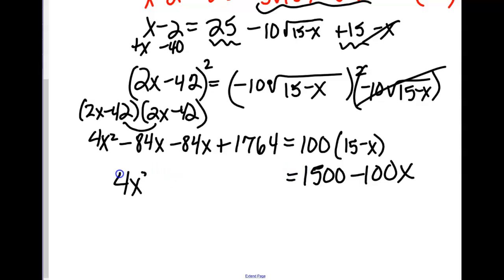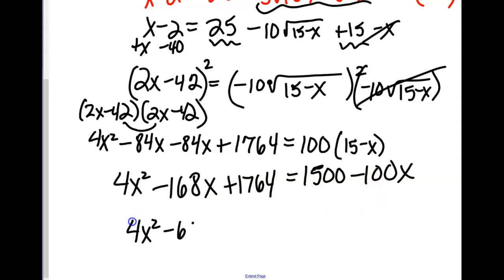Over here, I have 4x squared. What is that, guys? Negative 168x? Yeah. Okay. If I add 100x over here, if I subtract 1500 over here, did I do that right? Yeah.